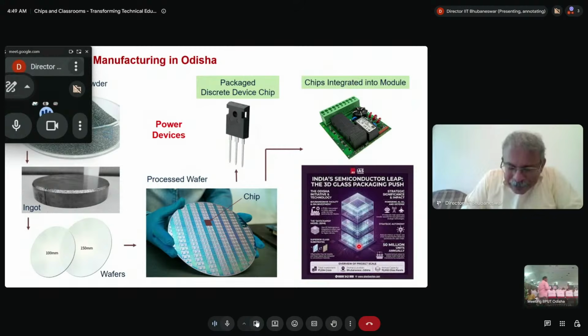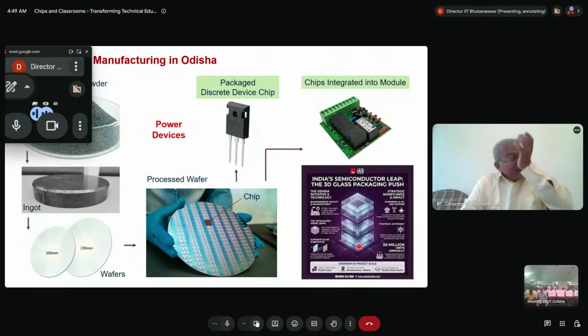What layers? Sorry, that word I am not able to hear you clearly. Oh, gap. No. See, that's a good question.